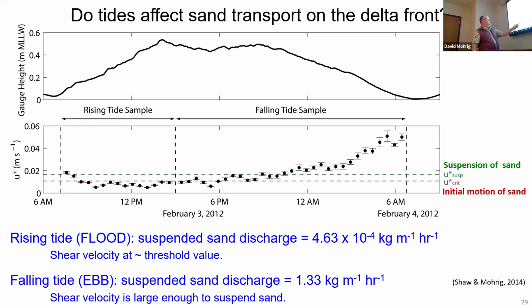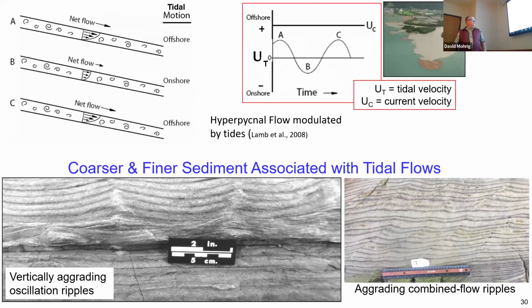Then if you look at what happened during the falling tide in this area, where the sediment goes from not moving to going right into suspension, because we're looking at a very fine sand, it goes up over 1,000-fold. So now we're getting over a kilogram per meter per hour. So this is a lot of sediment being moved at certain times, and this is the sand component. There's always some mud moving in the system.